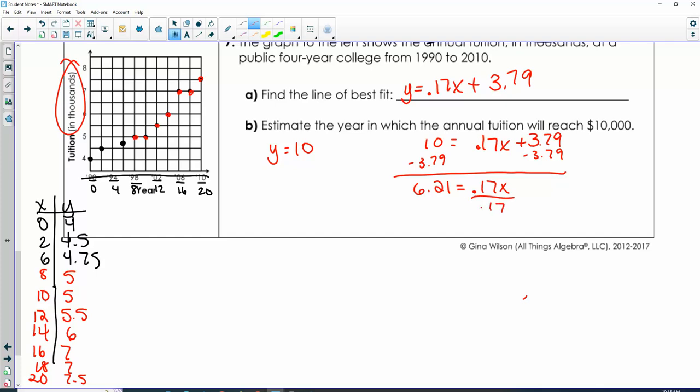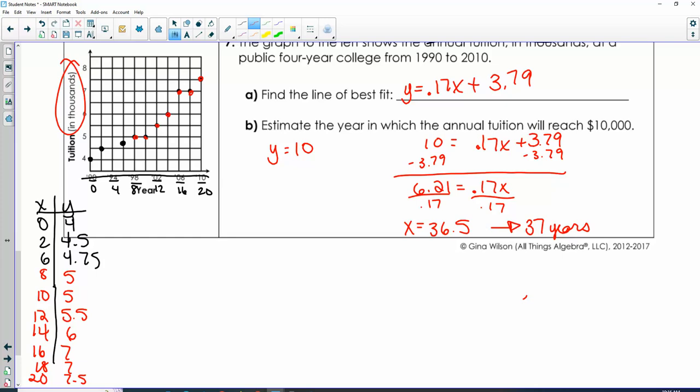Divided by 0.17. I get my x to be 36.5, or if you rounded, that would take about 37 years.